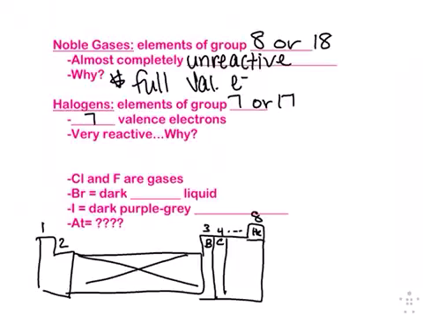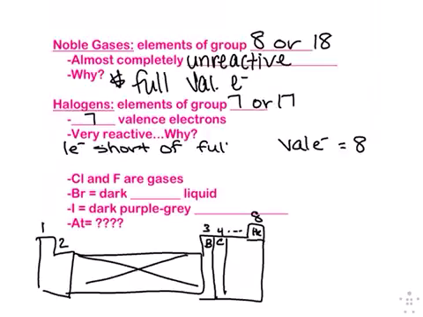So the desired valence electron number is 8. The halogens are at 7. So it is very, very easy for them to pick up an electron from another element. It's 1 electron short of a full S and P block, and that makes it very easy for it to react.